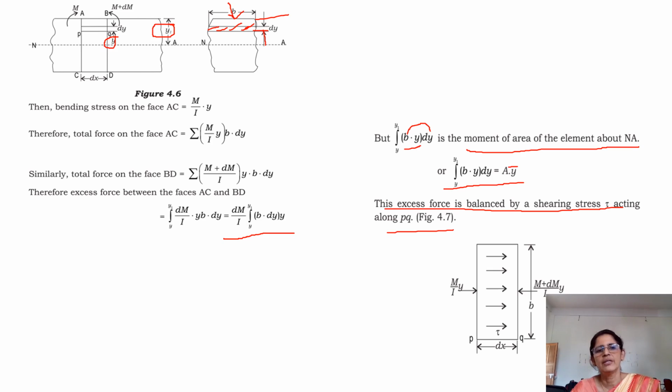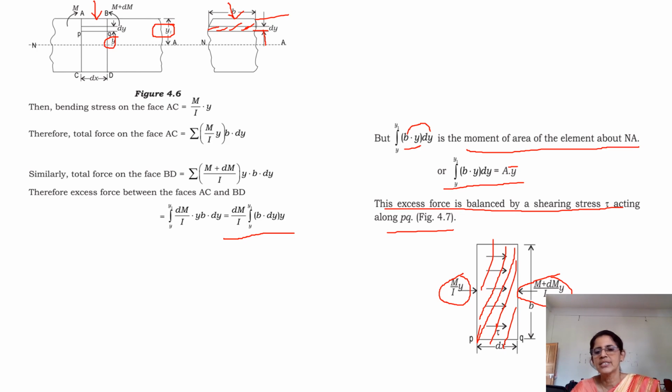If you look from the top of the beam, this is dx and the depth is b. So that is the portion I have drawn here. The bending stress on this face is M by I into y, and on this face it is M plus dM by I into y.